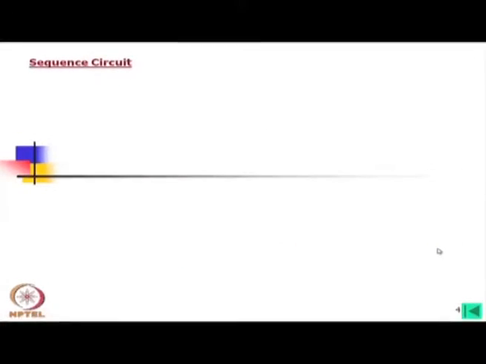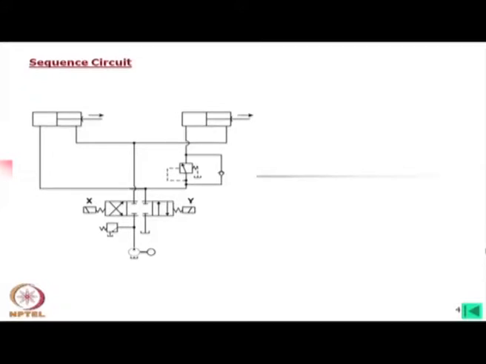Now, we will come to the next operation, that is called the sequence circuit. Here I have drawn a circuit. You can understand that there is a cylinder A, there is a cylinder B, and a 4/3 DC valve, and X, Y are the solenoids.